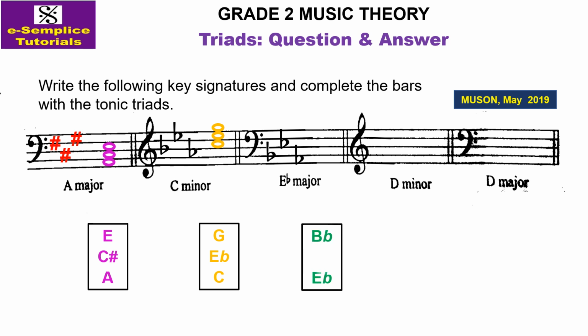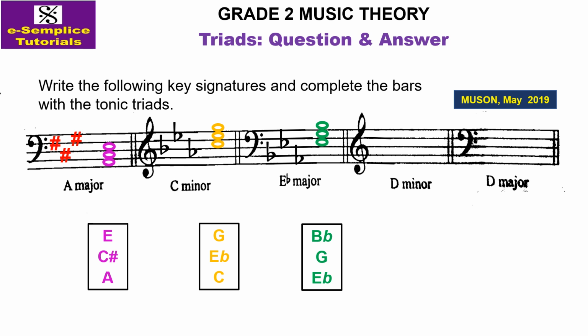Triad will be E flat, G, B flat. Let's put that on the stave. E flat, G, B flat.